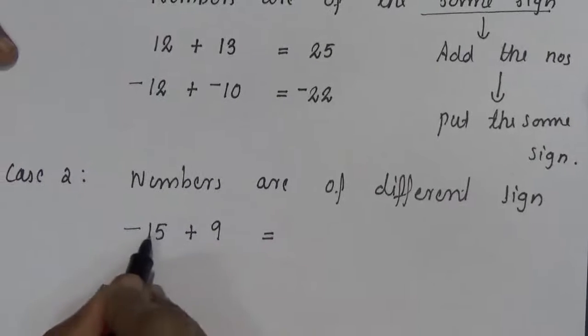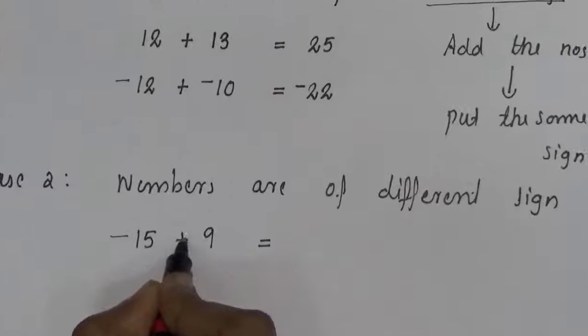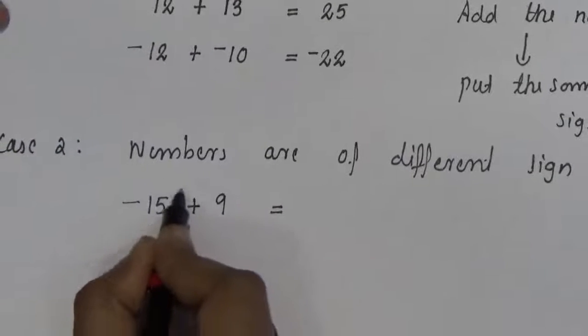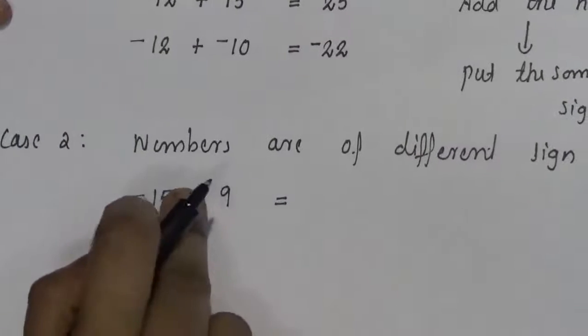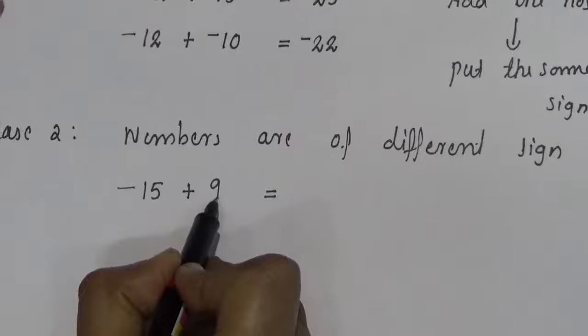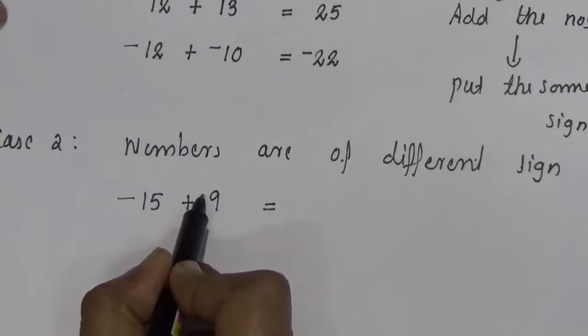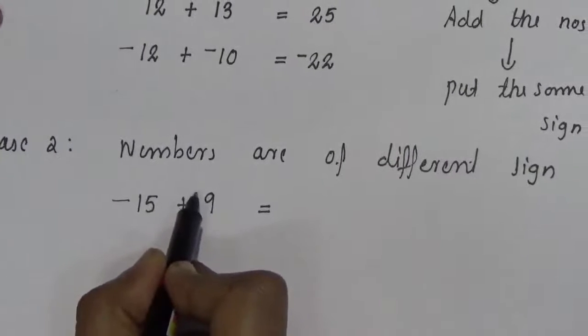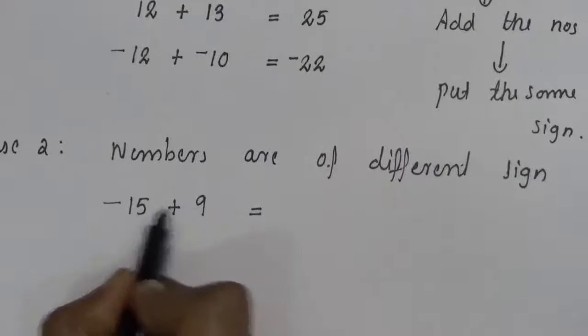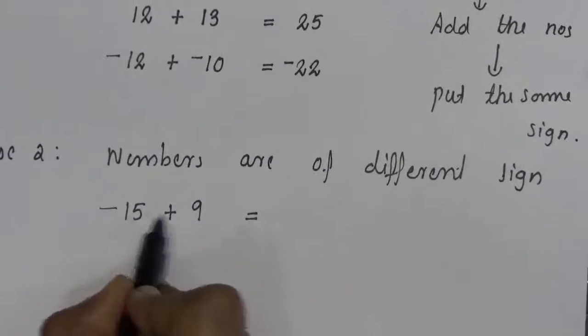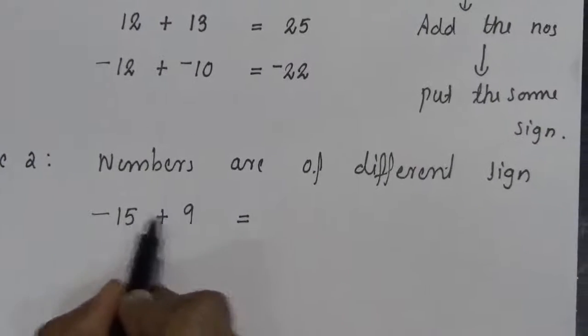You can see that this is the operation addition. Here one number is a negative number and the second number, 9, is a positive number, because you can see that no sign is there in front of this number 9, means it's a positive number. So one is a positive number, the other one is a negative number. We have to add these two numbers.